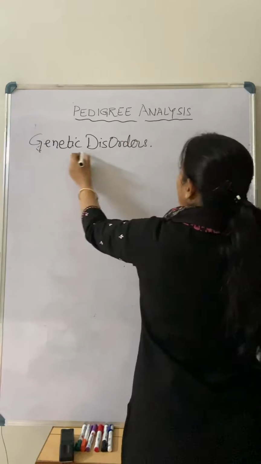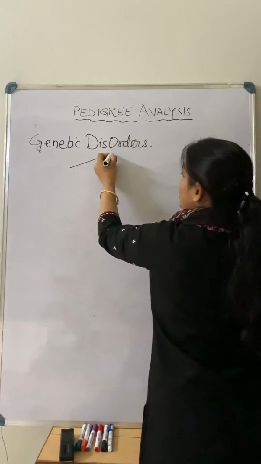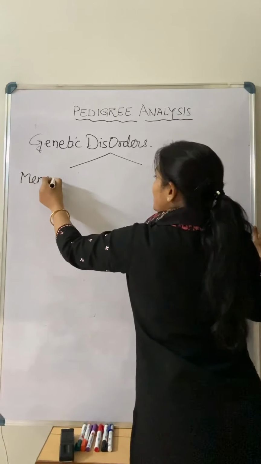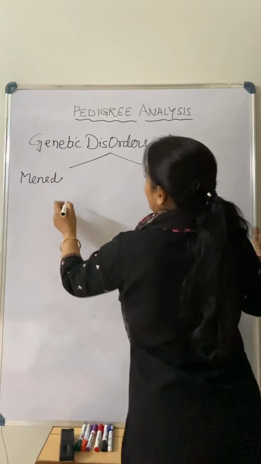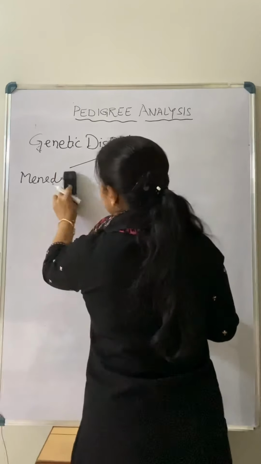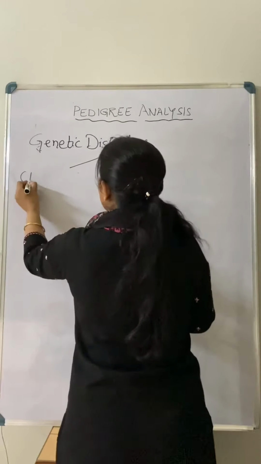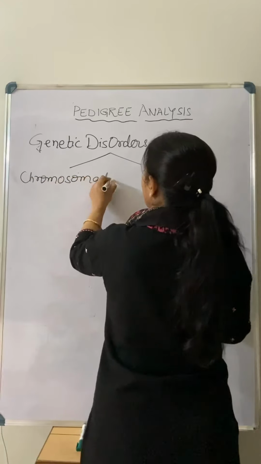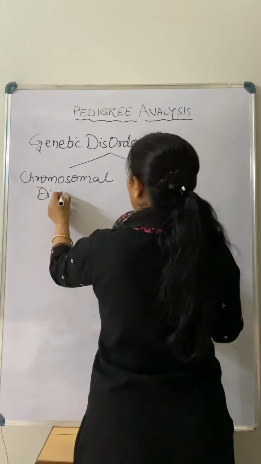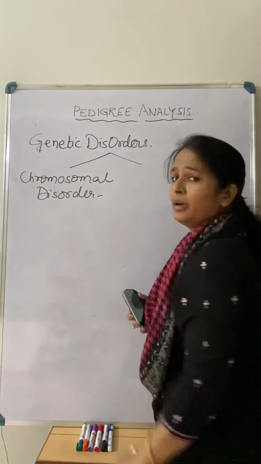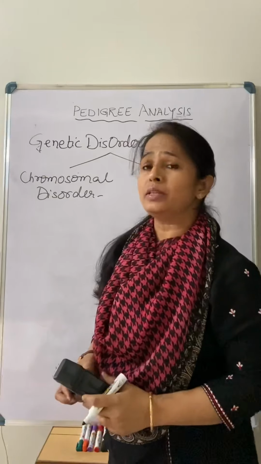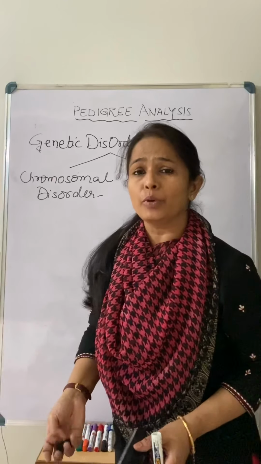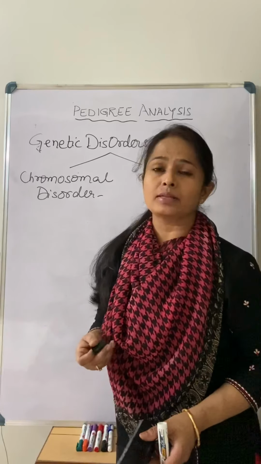Right? Genetic disorders are categorized into two. First is known as a chromosomal disorder. Chromosomal disorder means when changes take place in the chromosomes. As I told you, in mutation there is polyploidy and aneuploidy.